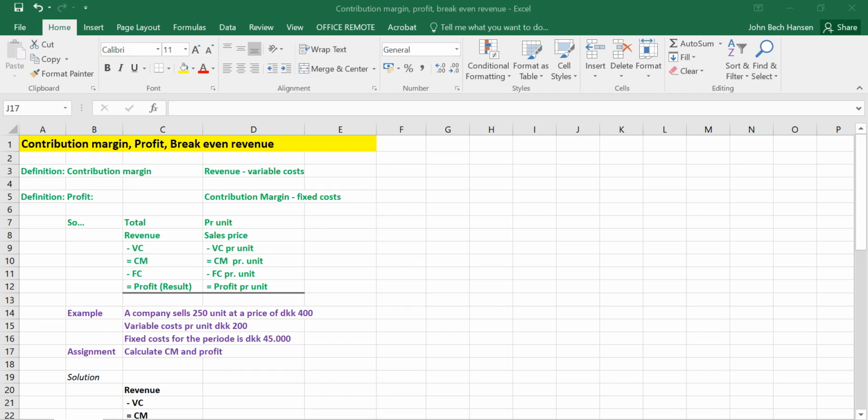Contribution margin is a term which is used very much because it's telling us how much we actually make in profit on each product. As you can see here, the definition is the revenue minus the variable costs. And normally in trading companies, it's easy because you buy something and you sell it at a higher price.